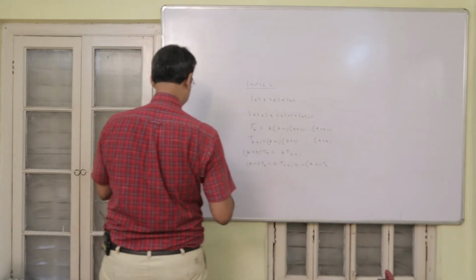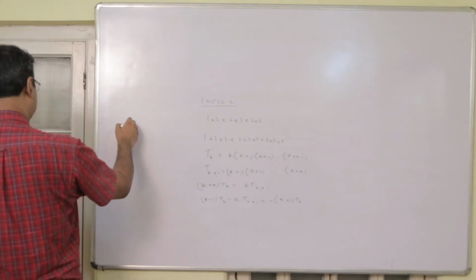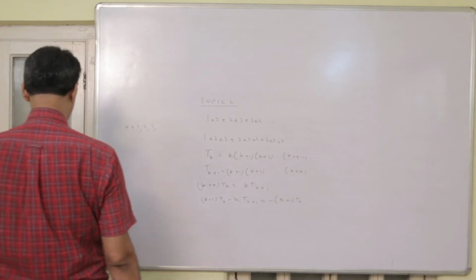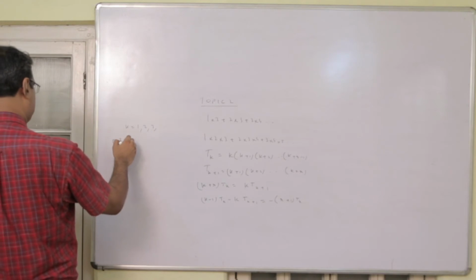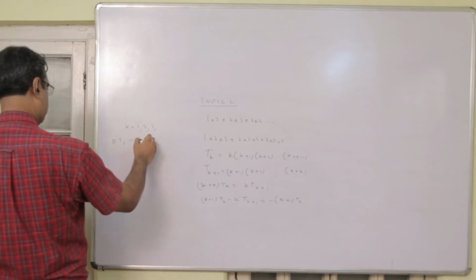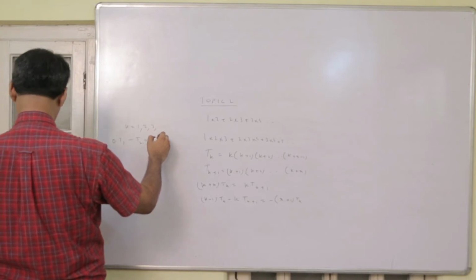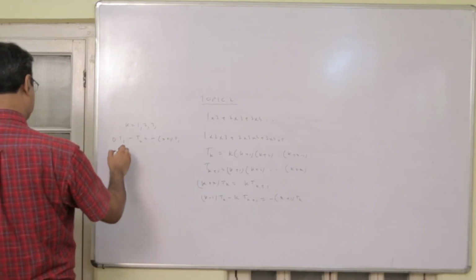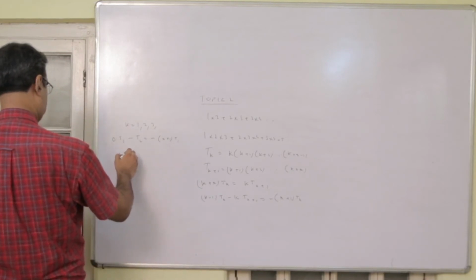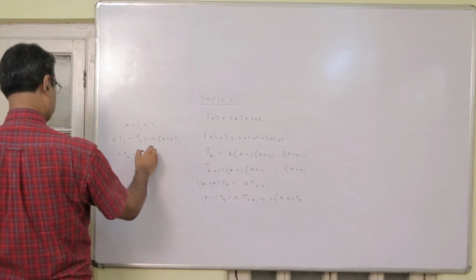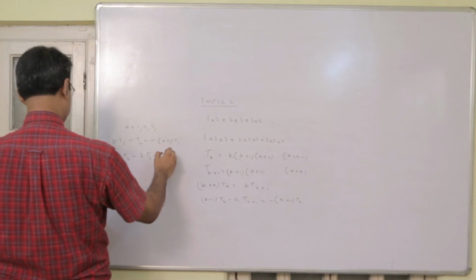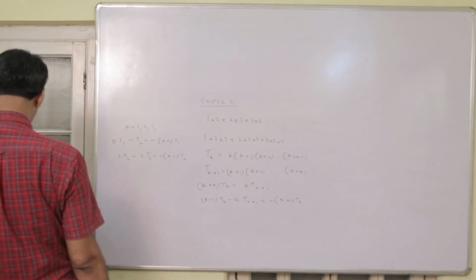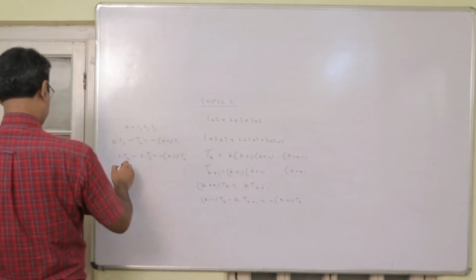Now this particular equation, if you keep applying the values of k starting from 1, then this is what you will get: 0 into T1 minus T2 equal to minus r plus 1 into T1, then 1 into T2 minus 2 into T3 equal to minus r plus 1 into T2, and so on.